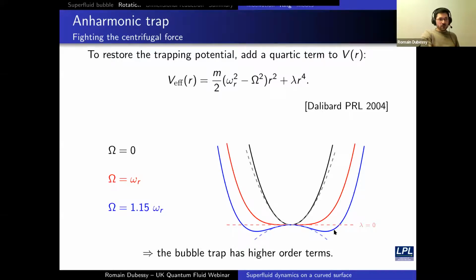And it turns out that our bubble trap naturally has higher order terms because the atoms are not in a harmonic potential, but are constrained to move onto the surface.